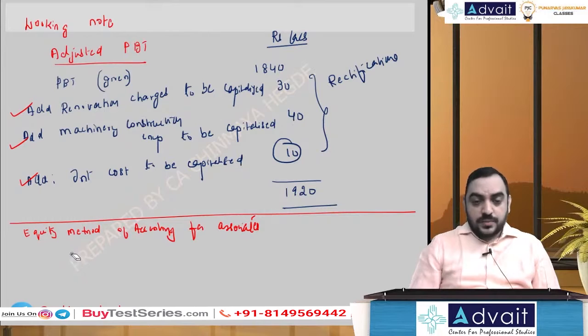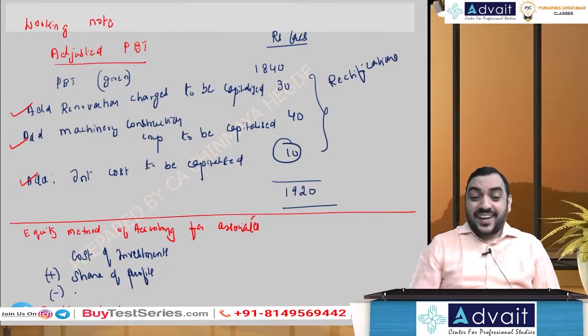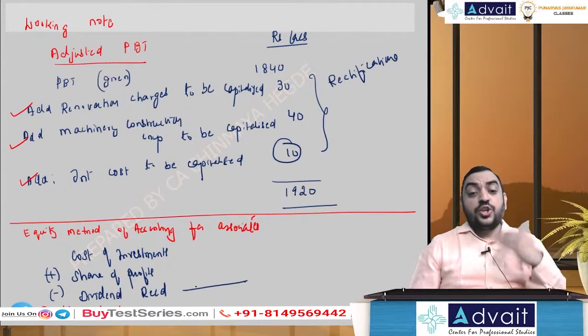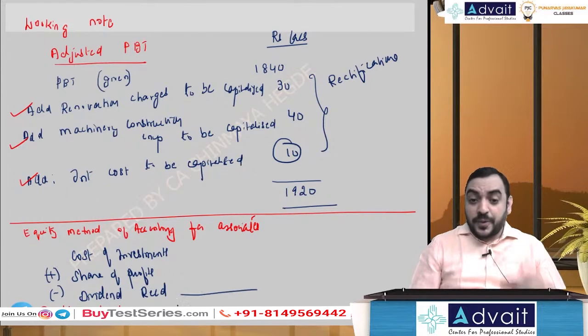whatever cost of investments, then you add share of profits from associate, minus you subtract dividend received from associate. And this amount is what you show in the balance sheet, which happens to be 800 lakhs.